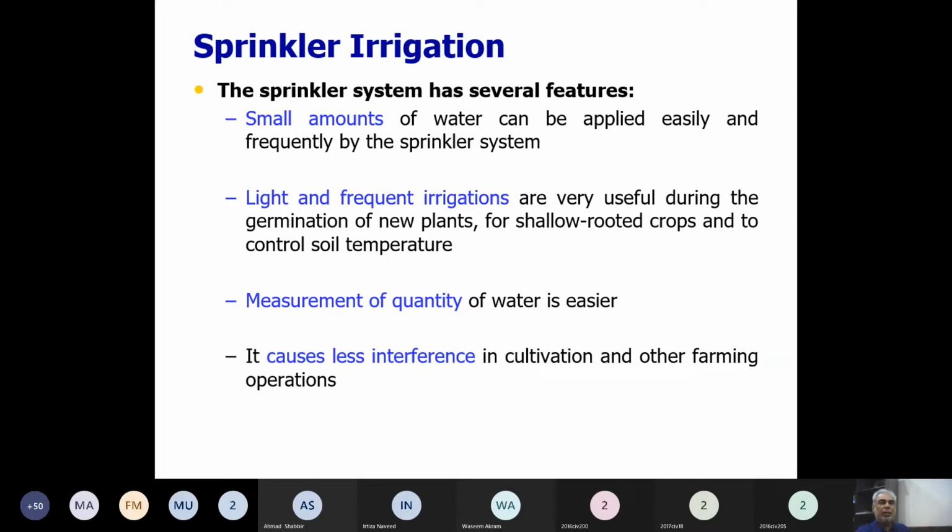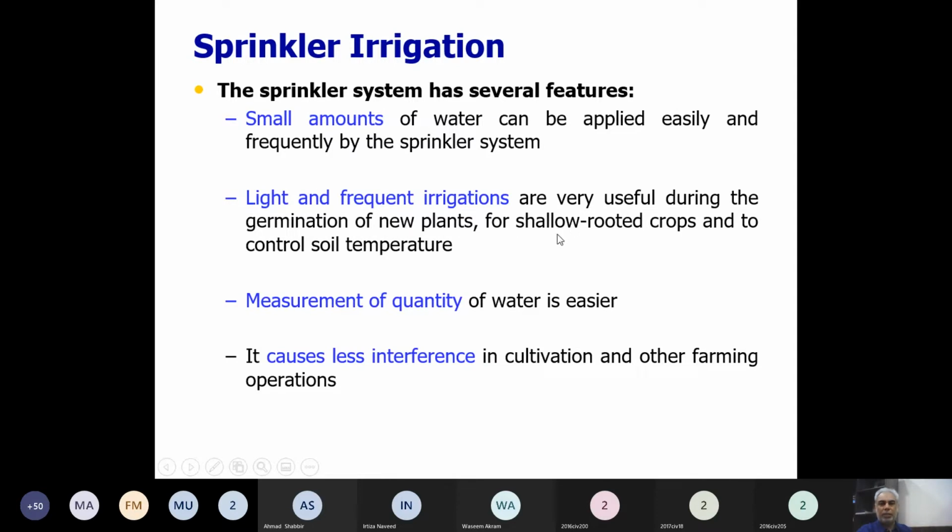While if a sprinkler irrigation system is installed, you can apply water as frequently as you need, in as low a quantity as you think appropriate. In the surface irrigation method, the whole channel is kept open to a field, so sometimes a huge quantity of water is applied and losses are more over there. We have better control over the application of water in sprinklers, and in drip irrigation also.